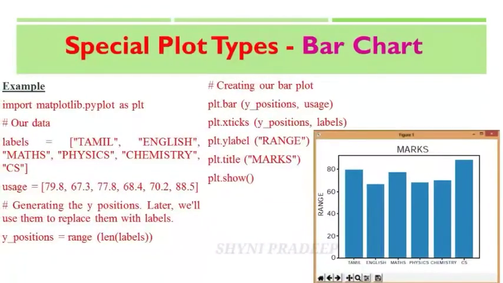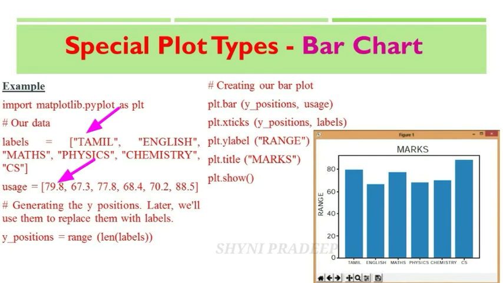Let us see this example. Here labels and usage are the x-axis and y-axis. Okay, here labels is the x-axis and usage is the y-axis. Labels values are Tamil, English, Maths, Physics, Chemistry, Computer Science. Usage values are 79.8, 67.3, 77.8, 68.4, 70.2 and 88.5.